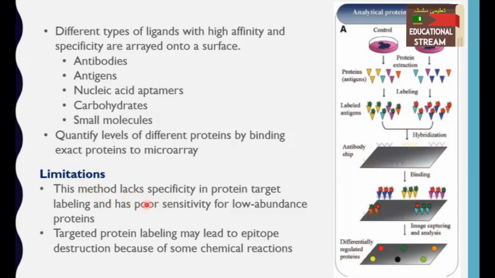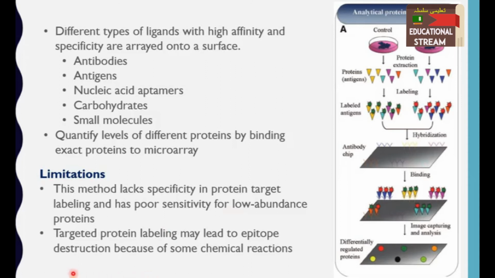So one limitation is that this method lacks the specificity in protein target labeling. We are labeling all of the proteins with a single dye, as we have seen over here. And the second is poor sensitivity for low abundant proteins. We will be unable to identify the low abundant protein.